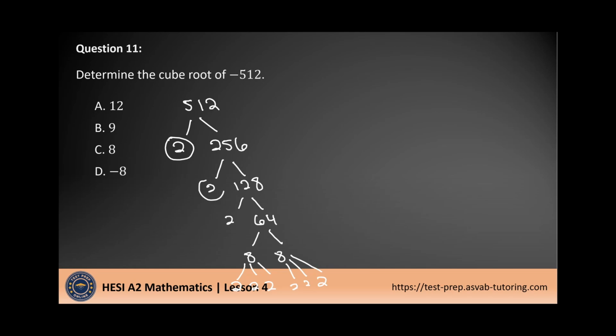So these are our prime factors of 512. Don't worry if it takes you a little longer to do this, as long as we get there in the end. So we were doing 2 times 2 times 2 times 2 times 2 times 2 times 2 times 2 times 2.